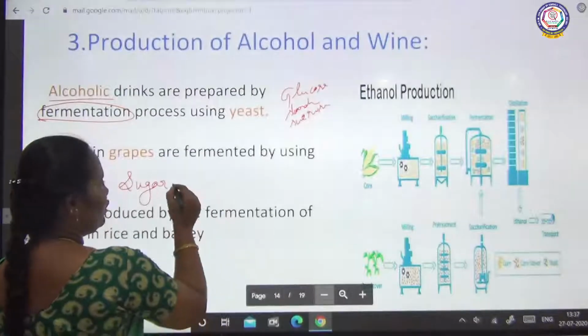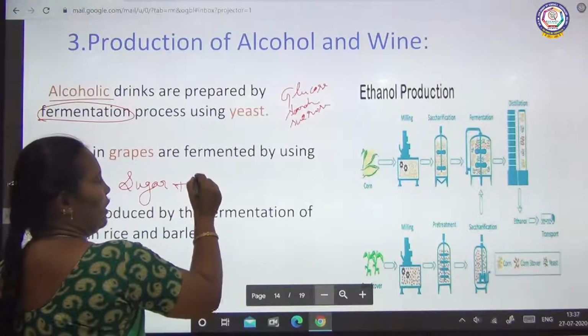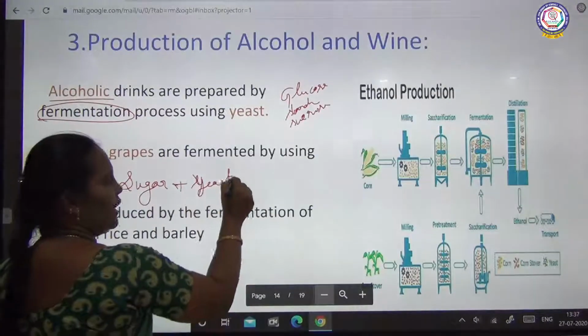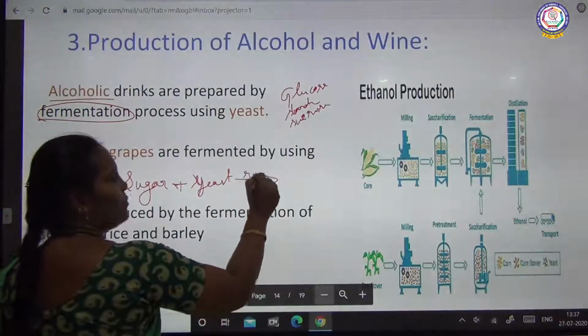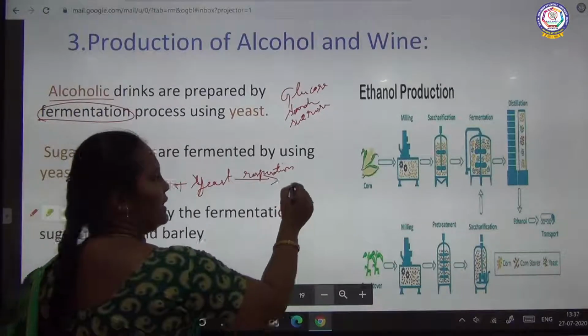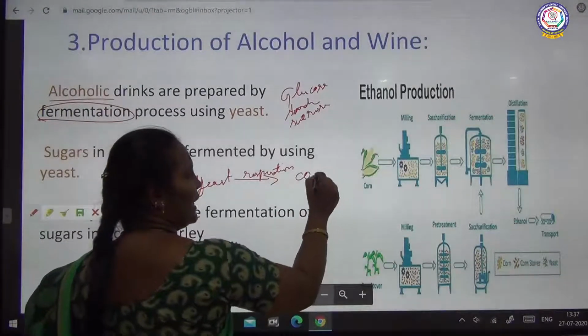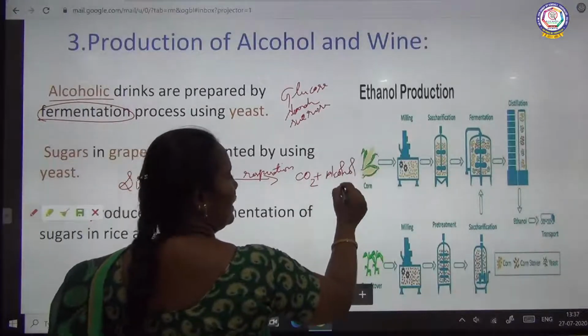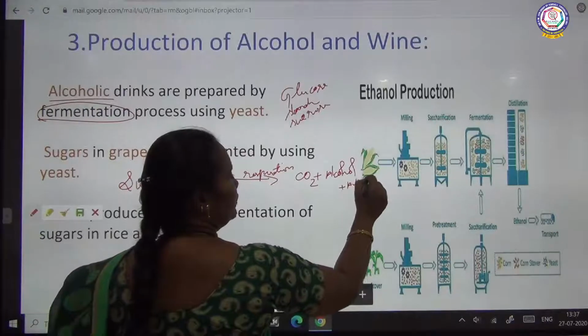In the sugar content, yeast will be added. After the respiration process, they release carbon dioxide and alcohol, and then one aldehyde also.